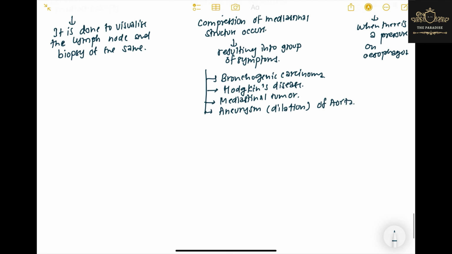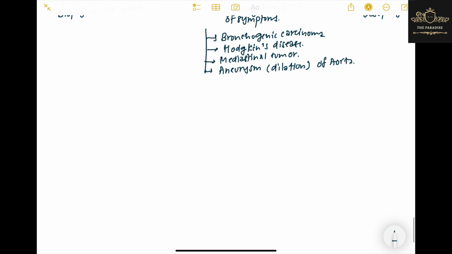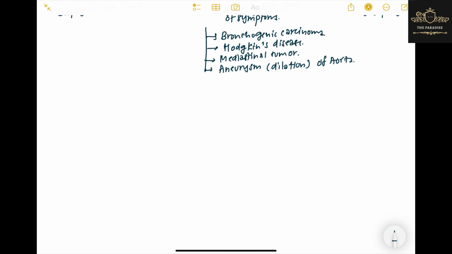And some other points are paralysis of diaphragm due to pressure on phrenic nerve.